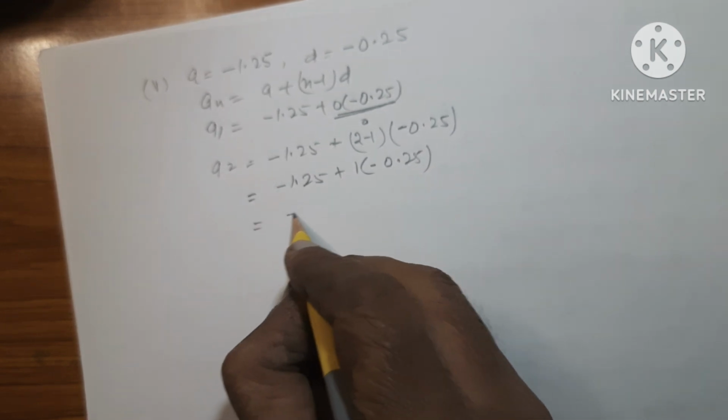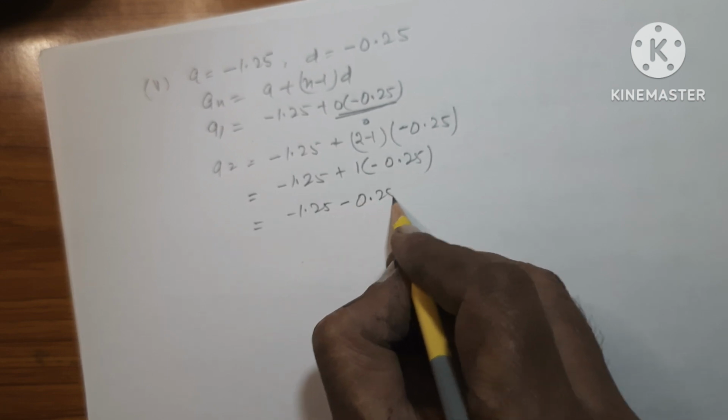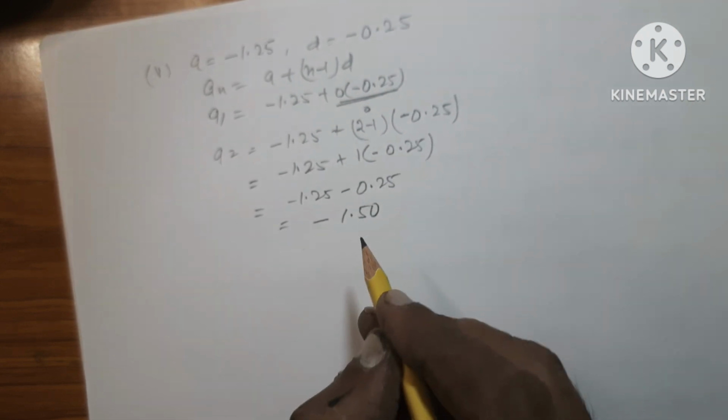This is equal to minus 1.25 minus 0.25, which is equal to minus 1.50.